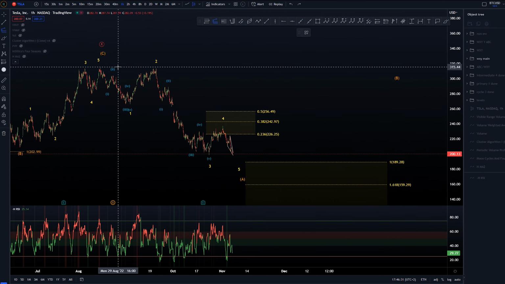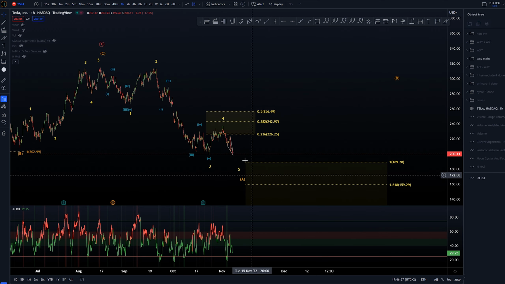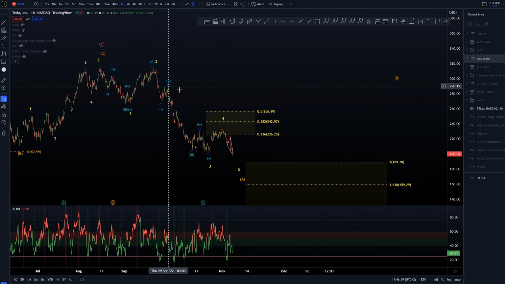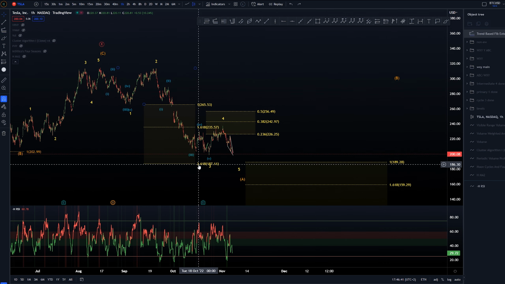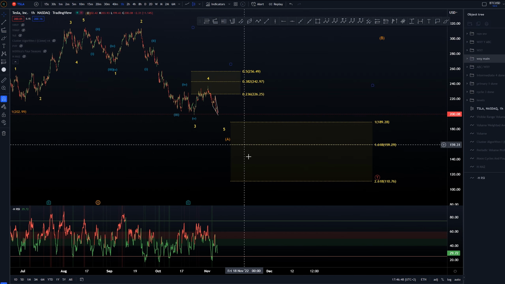We see that wave 1 here is extended, wave 3 is extended beyond the 1.618 extension, so we don't need to be expecting any kind of extension here on the 5th. But again, we did not get any larger extension here to the 2.618 or anything else. So it is of course possible that we are going to get an extension here to the downside.